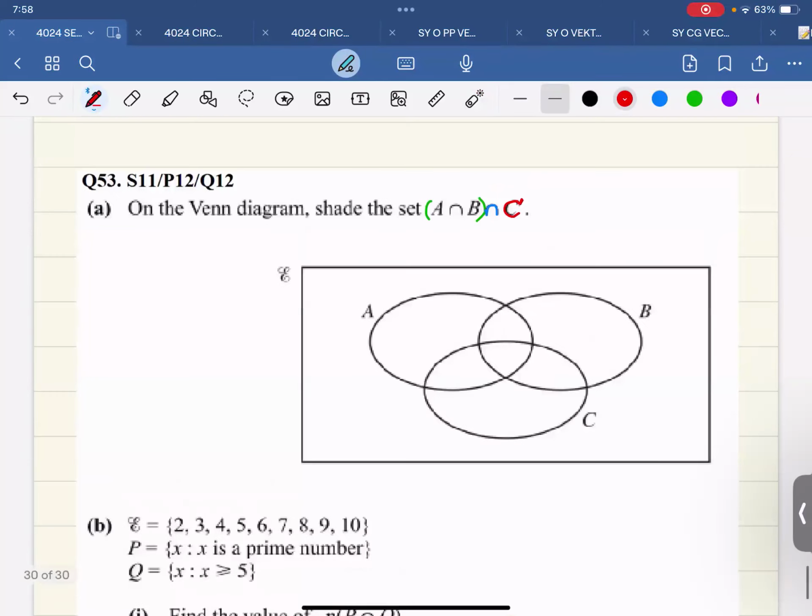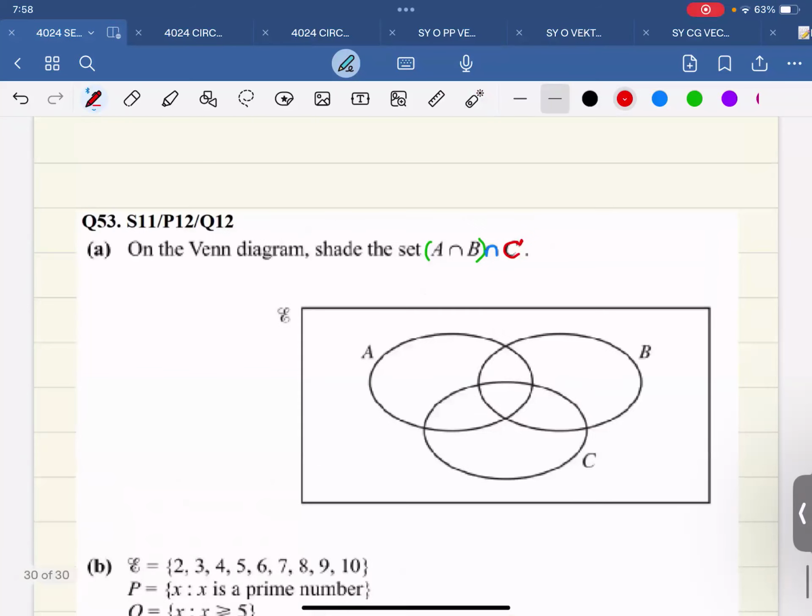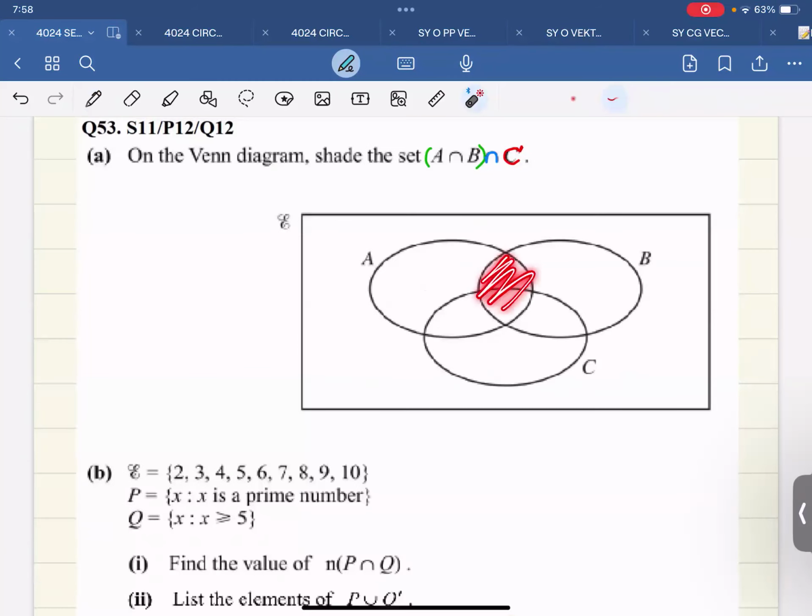So first of all, A intersection B. Now A intersection B is this thing, but we are intersecting with C complement. When we talk about C complement, that's this, this, this, and this. So only this much needs to be shaded. That's the answer: A intersection B, but intersection with C complement. So this one is done.